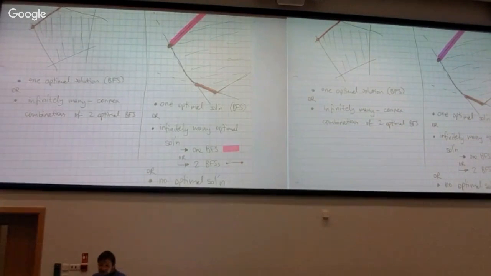So the summary is a bit like this. You get infinitely many convex combinations of two optimal solutions, and you find the two basic feasible solutions because you pivot on something where there's a zero in the objective, so on a non-basic variable in the optimal solution.